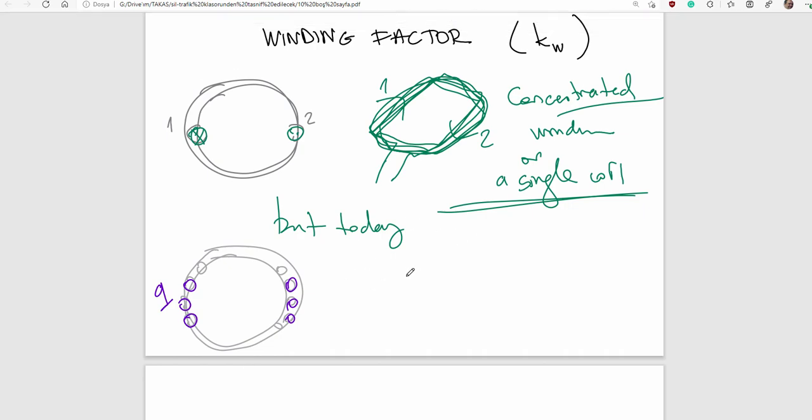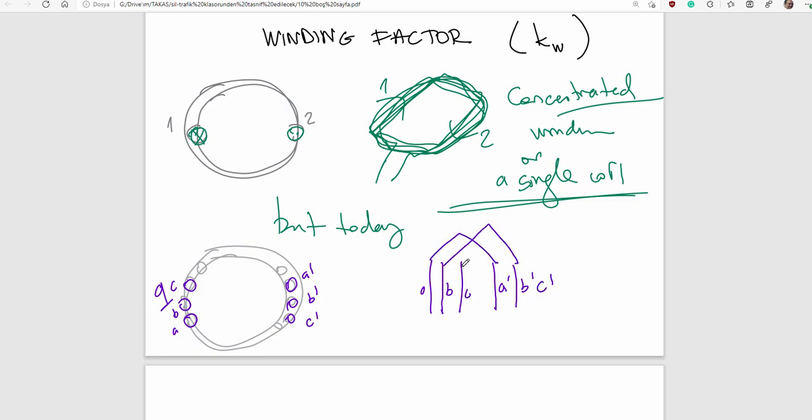Let's say one phase only carries one coil, such a distributed coil, for example like this, A, B, C, A prime, B prime, C prime.